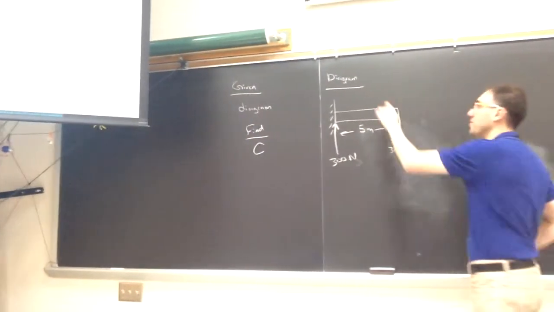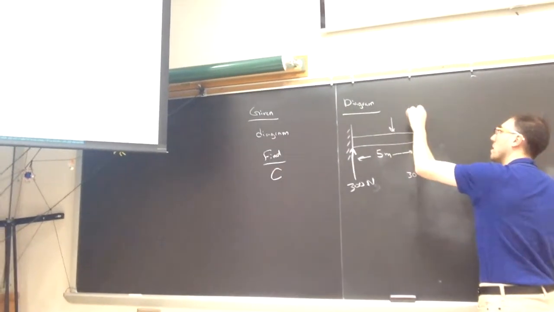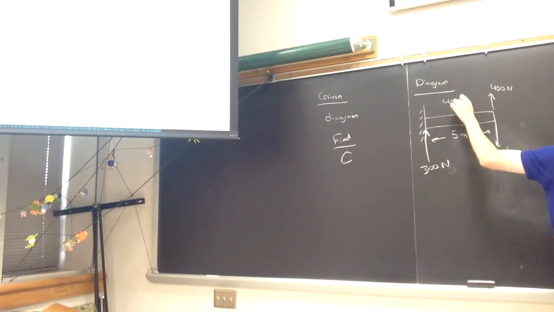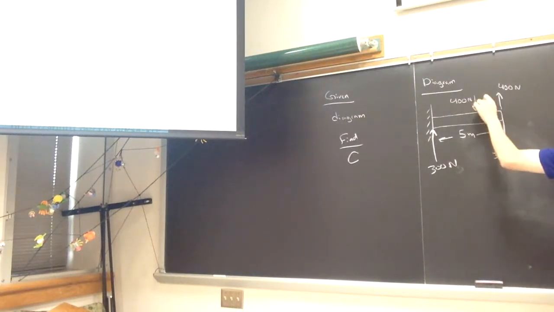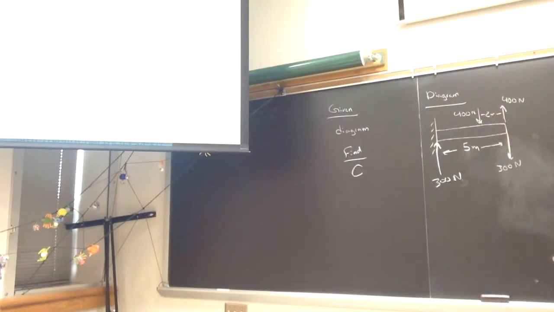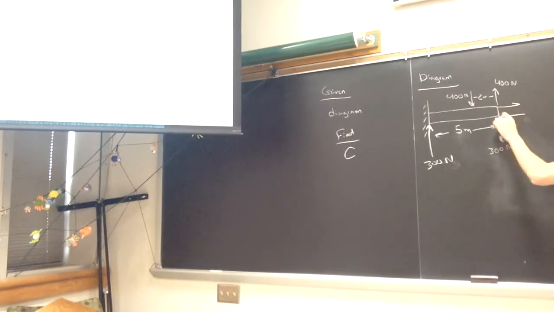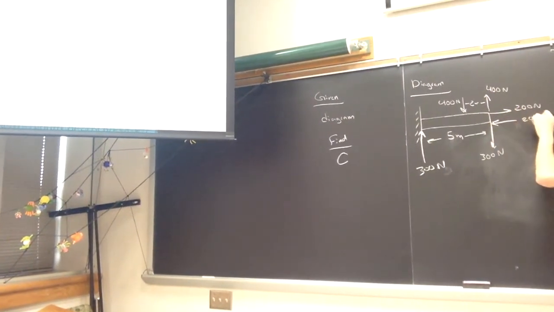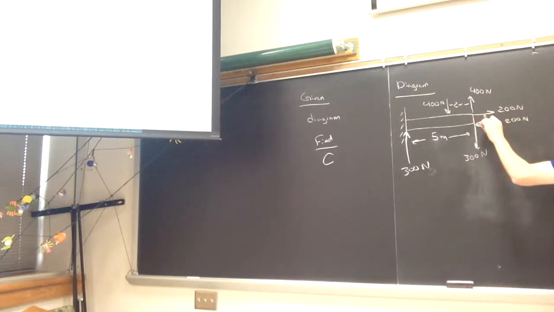We have a 400 Newton pair, and those are 2 meters apart. And the 200 Newton pair is 0.2.